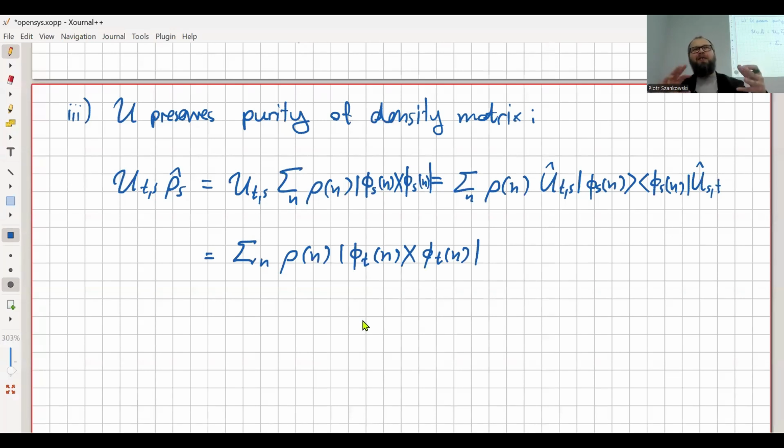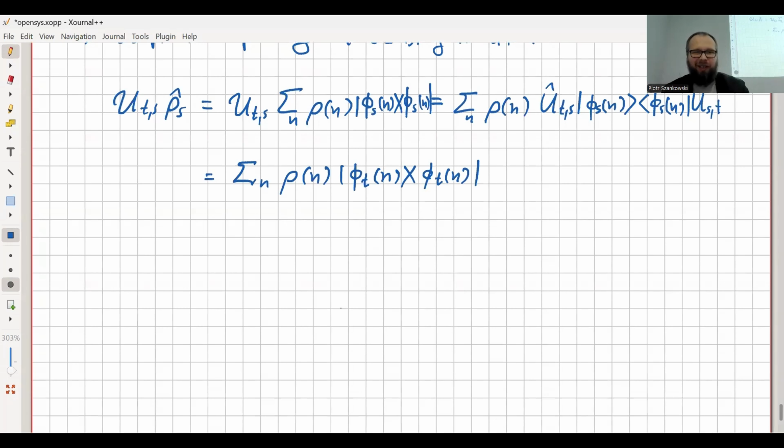The difference between unitary operators and unitary maps is just dimension, right? Because if your dimension is D, unitary evolution operators will be D by D matrices, right? And unitary maps will be D squared by D squared matrices. So exponentially larger.